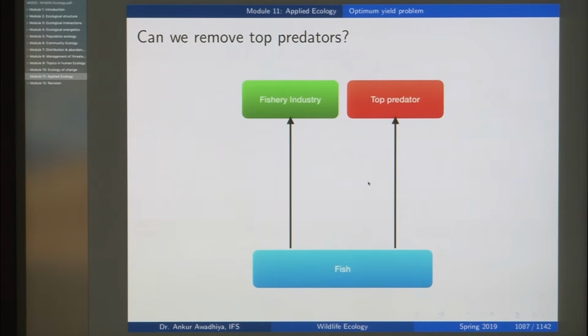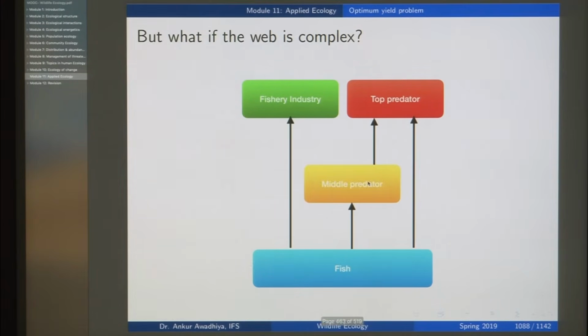Then there have been calls to remove the top predators so that we can have access to more fish, because they are our competitors, so to speak. But if the food web is complex, and if you have a middle predator, then removal of the top predator will increase the number of middle predators, and your fish stock will be depleted very fast.